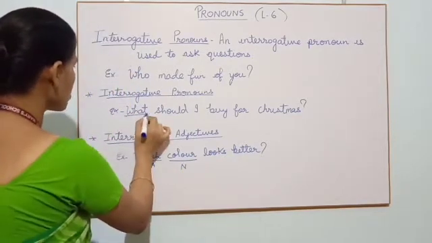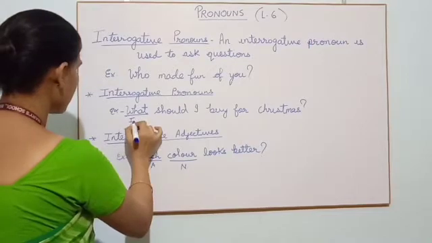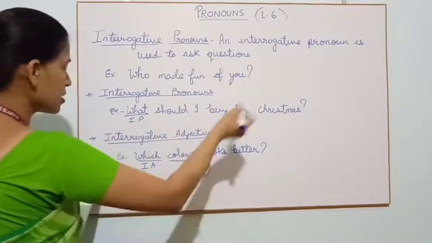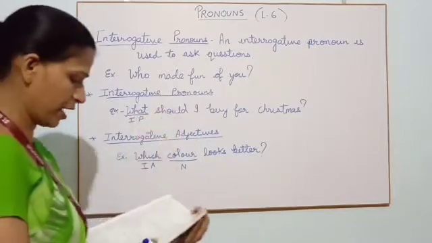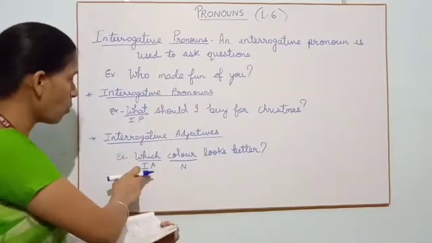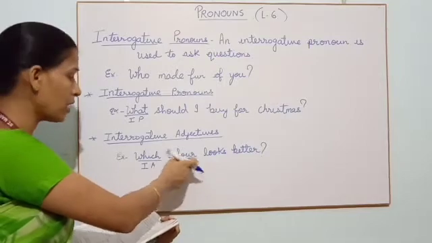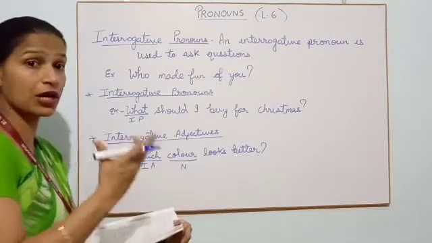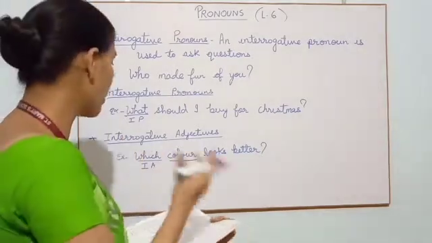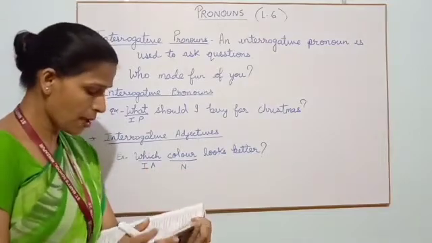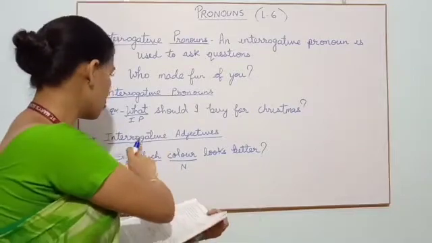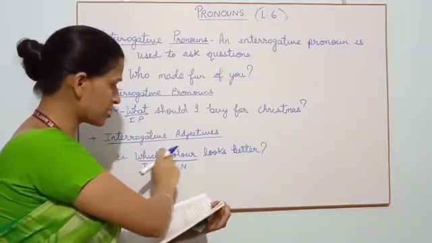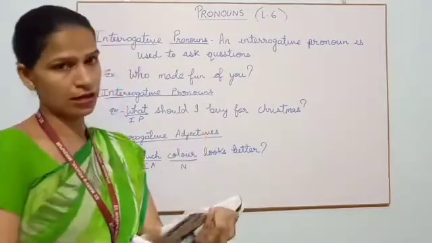Here also it was your interrogative pronoun, but there you don't have any noun which it is modifying. Here, which color? Color is your noun and it is asking you which color. It is inquiring from you which color looks better. That means the word which, the interrogative adjective, is describing the color to you.